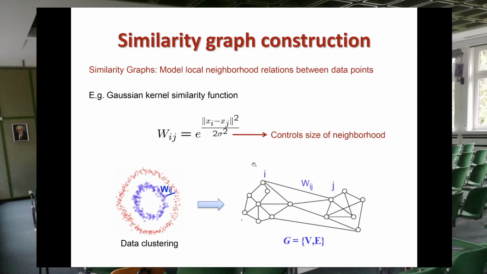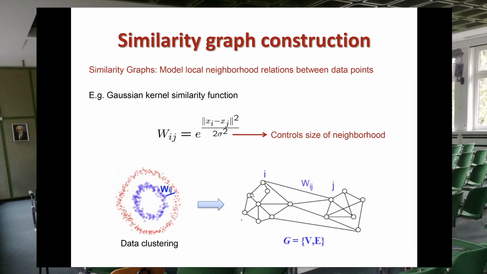Here we can see an example of a data set in which we have 2 groups of points. One group is arranged in this purple circle, and the other is the red points.